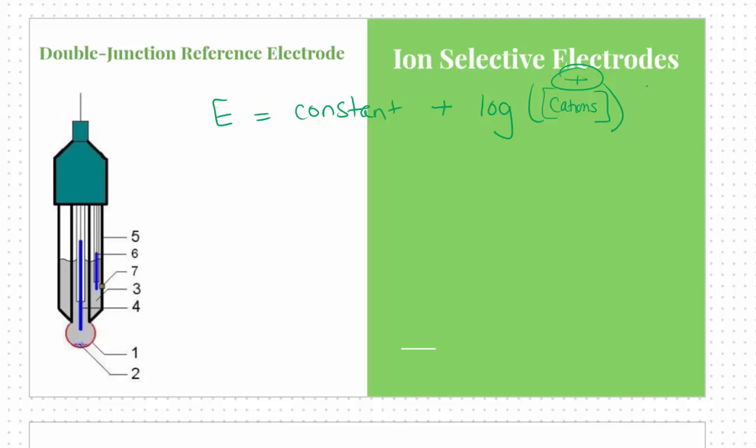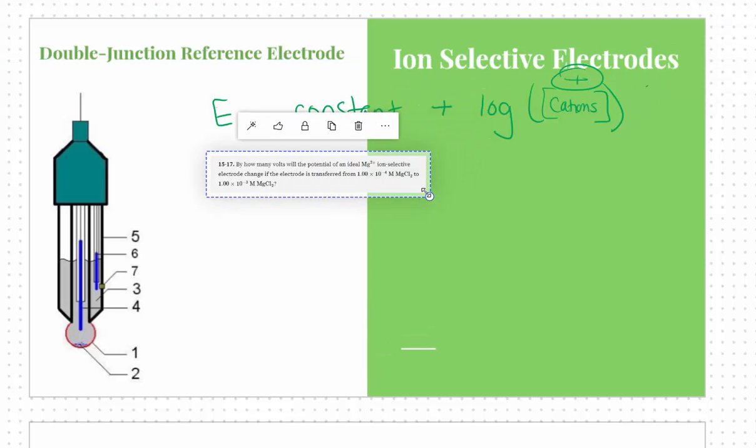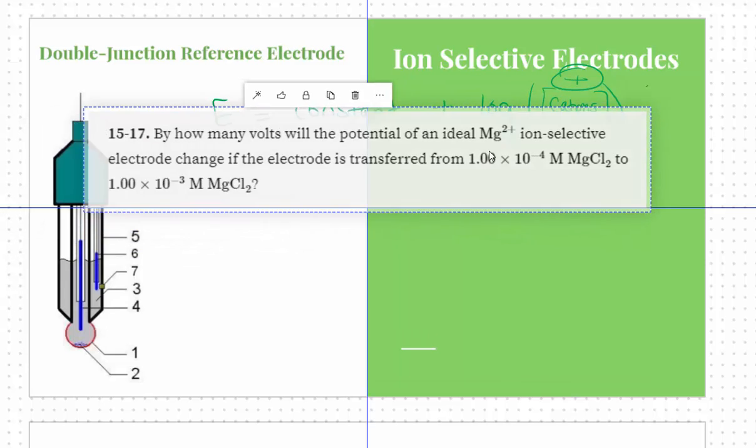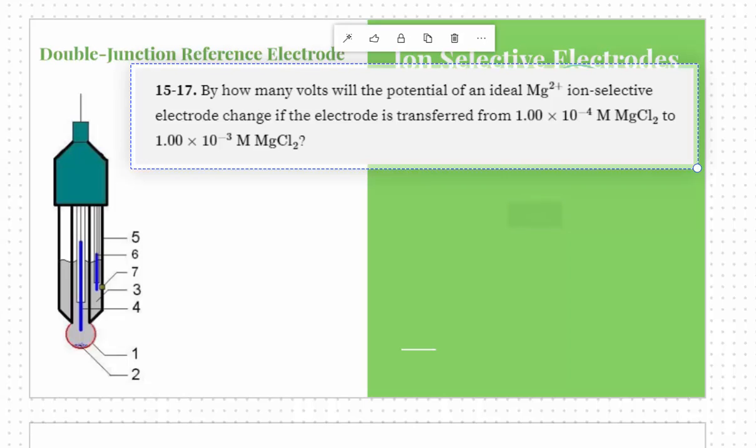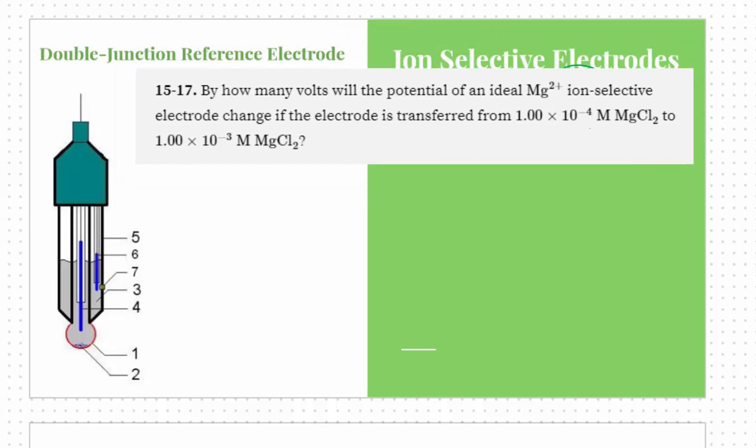But before we get to selectivity coefficient, let's solve an easier problem. So let's look at Harris, number 15-17. By how many volts will the potential of an ideal magnesium ion selective electrode change if the electrode is transferred from 1.0 times 10 to the negative fourth to 1.0 times 10 to the negative third? Well, first, let's do the first potential here.